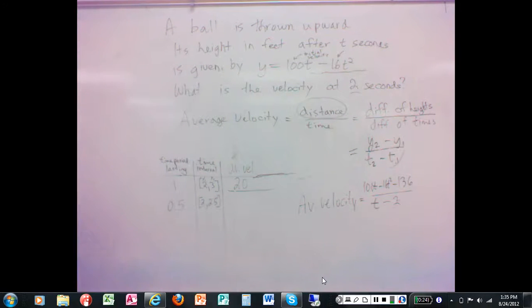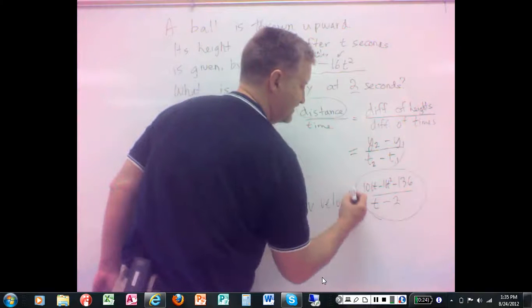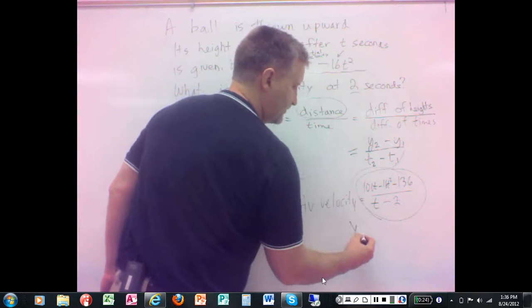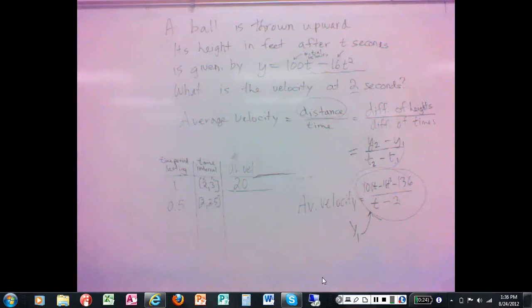All right, so let's plug this into the TIs or whatever calculator it is, where we can get to a table of values. Let's see, we'll start with the top: 100t.